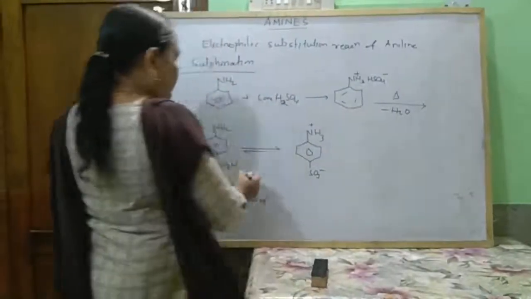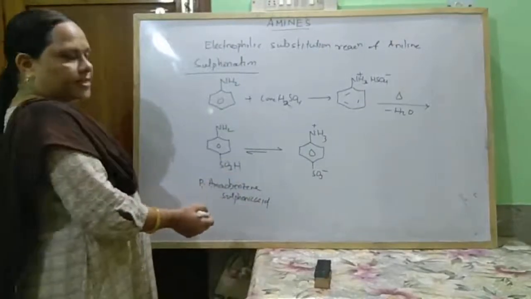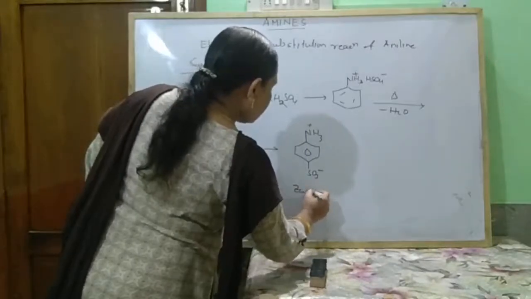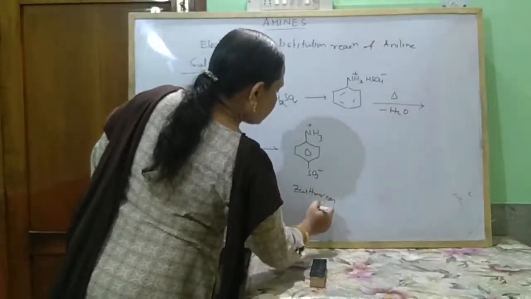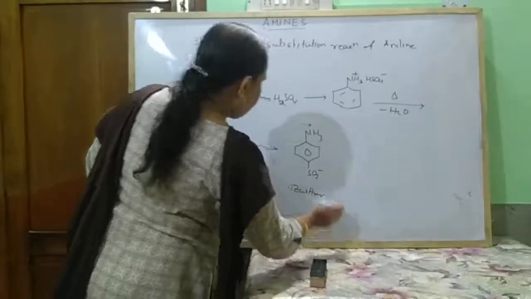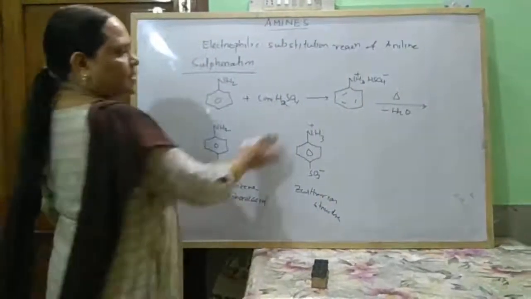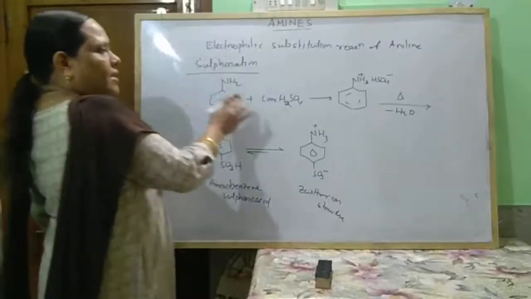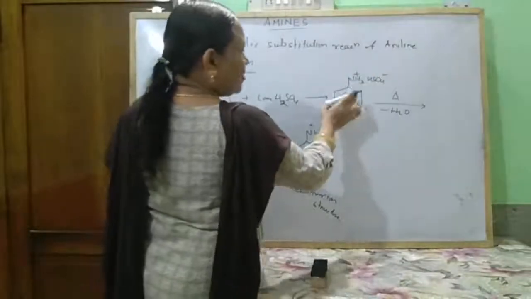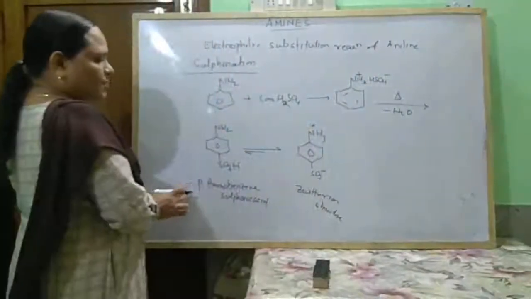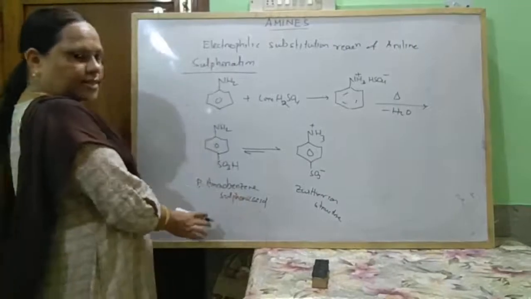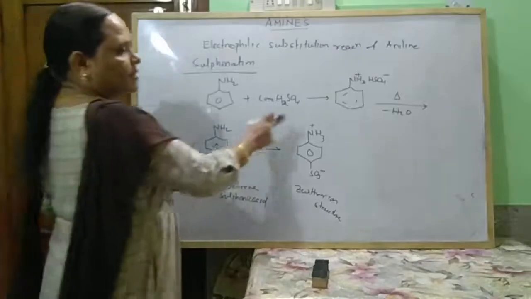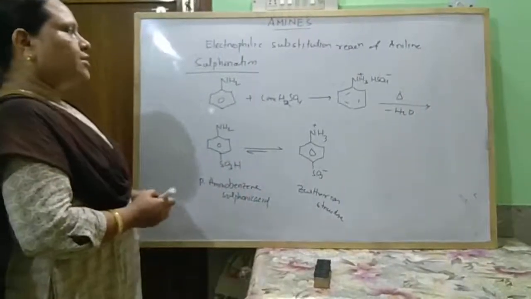So this para-aminobenzene sulfonic acid exists as a zwitterion structure. Okay, so aniline reacts with concentrated sulfuric acid. First it forms a salt which on heating forms para-aminobenzene sulfonic acid, also called sulfanilic acid. And this sulfanilic acid exists as a zwitterion structure.